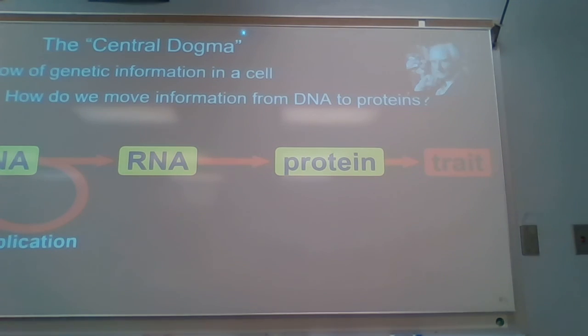So the central dogma, this is what is shown on your notes here. The central dogma in biology is the pathway of genetic information, the way that DNA is used to make proteins.